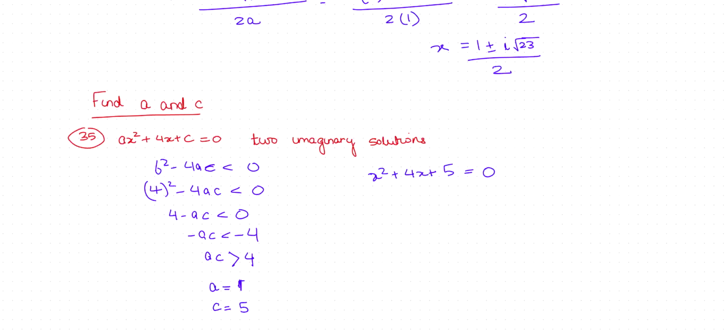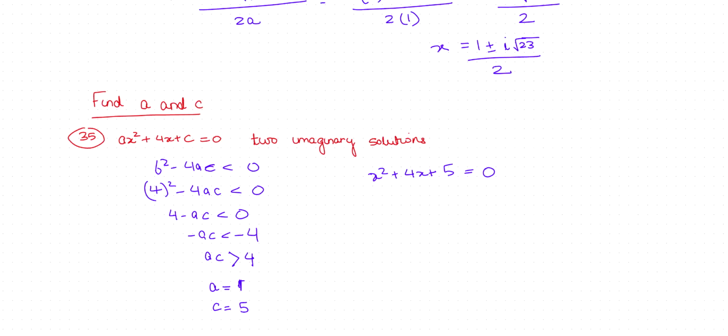So we see that ac should be greater than 4. So if a is 1, we can put c as 5. We can have multiple solutions, anything where ac should be greater than 4. Okay, so we can say a is 1 and c is 5. So we can get this equation. 4 was already given and c is 5.